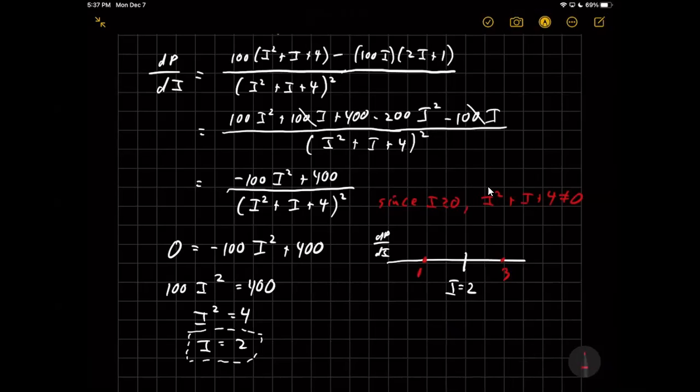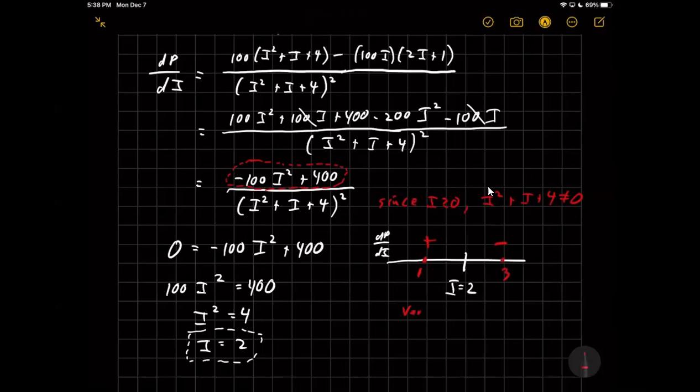If we look at the numerator of dP/dI, when you put in 1, you'll have negative 100 plus 400, so that is positive, right? When you put in a number like 3 for I, I squared will be 9, so you get negative 900 plus 400, so it will become negative.